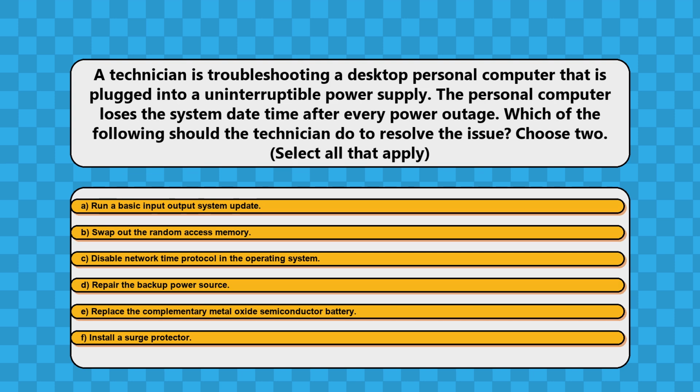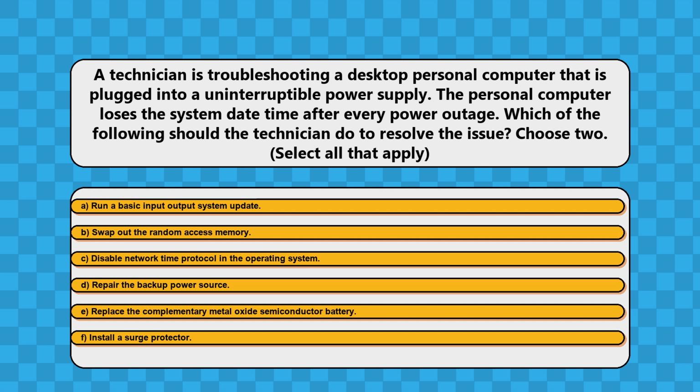Question 43. A technician is troubleshooting a desktop personal computer that is plugged into an uninterruptible power supply. The personal computer loses the system date time after every power outage. Which of the following should the technician do to resolve the issue? Choose 2. Option A, run a basic input-output system update. Option B, swap out the random access memory. Option C, disable network time protocol in the operating system.